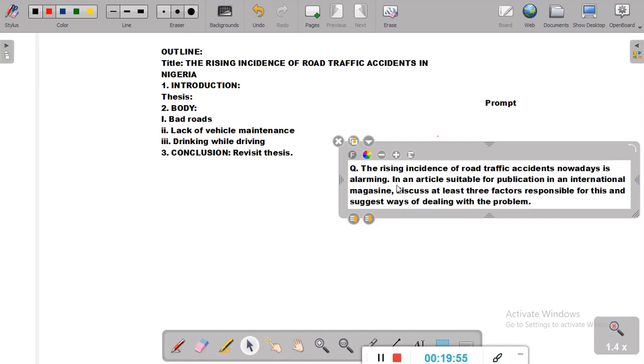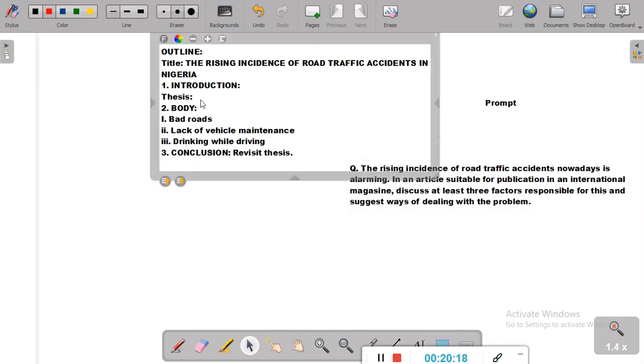That is the message we want to convey. In addition to that, we are discussing three major factors that are responsible for this problem. We are saying that we have a social problem on our hands, that the rising incidence of road traffic accidents nowadays is alarming. So we can come up with our thesis based on this prompt.